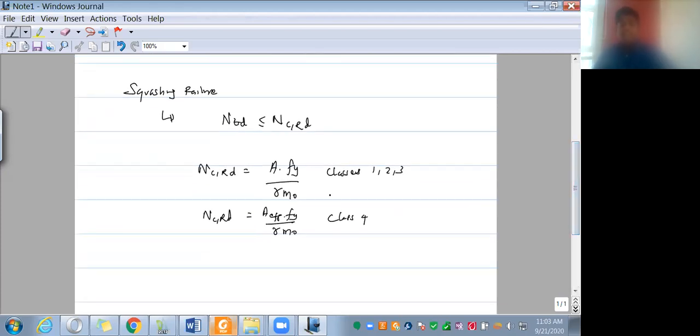So these are the first check. If the failure is occurring due to squashing of the material, then this will occur first.